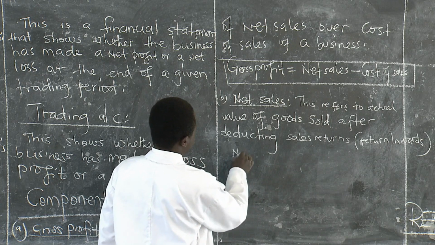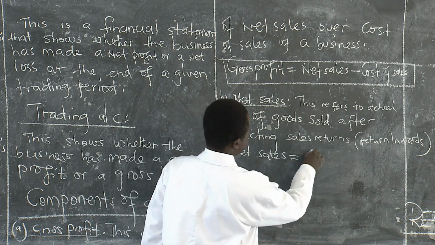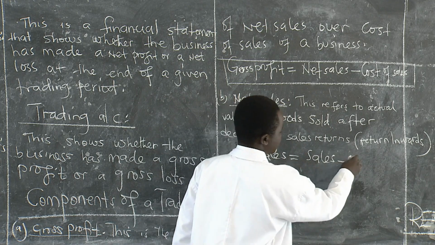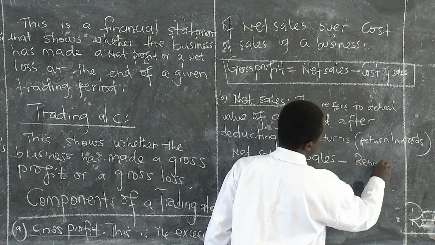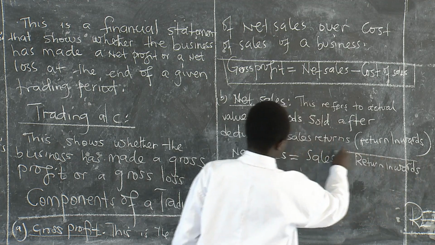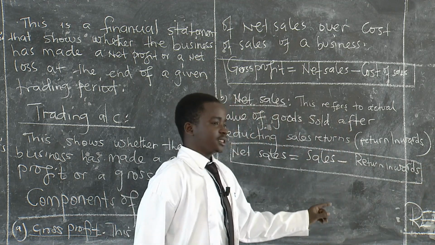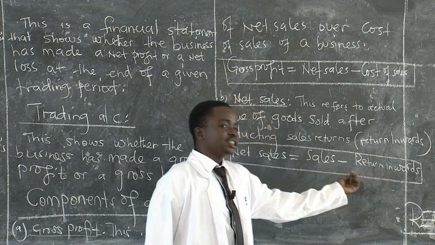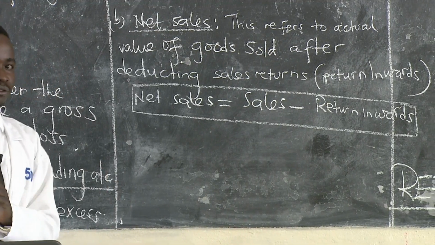Therefore here, net sales, you get it by having sales minus return inwards. You must note this formula. Why do we say return inwards? These are goods that have been returned into the business by customers because of different reasons that we talked about.